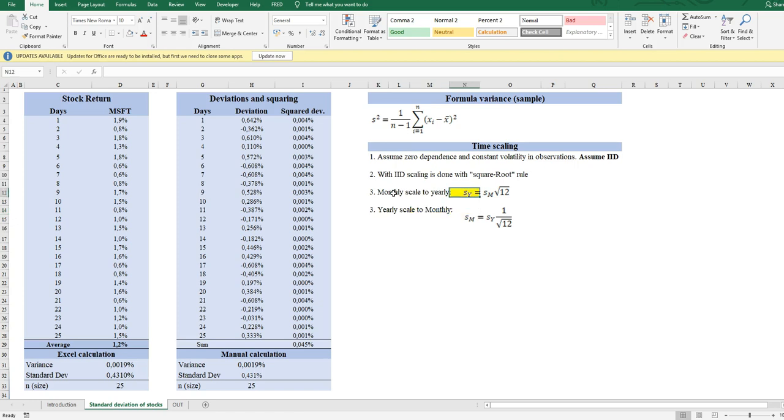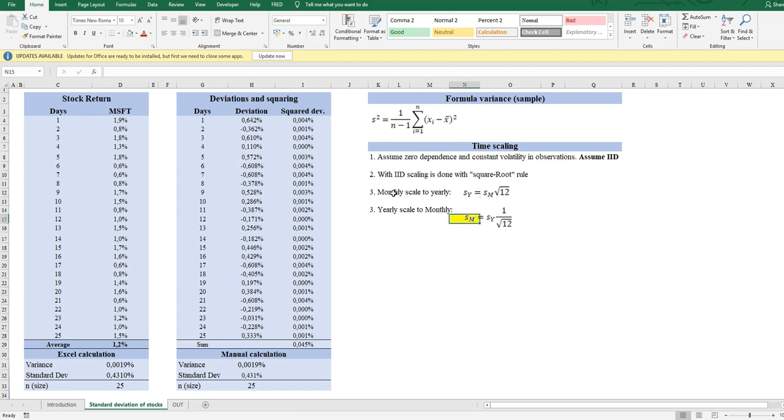And the formula looks like this. So if you have monthly observations and you like to have a measure for the yearly or the annualized standard deviation, you have to multiply it by square root 12.